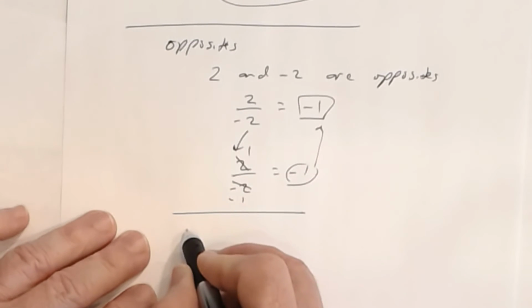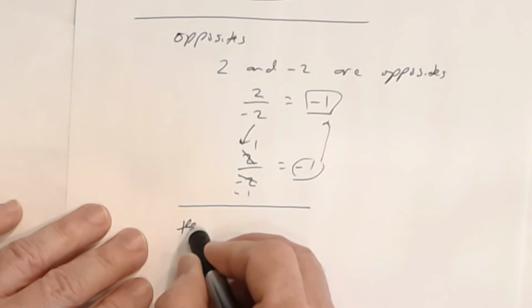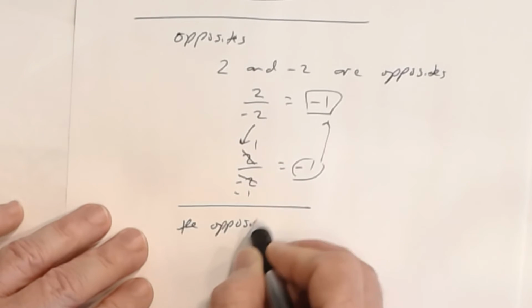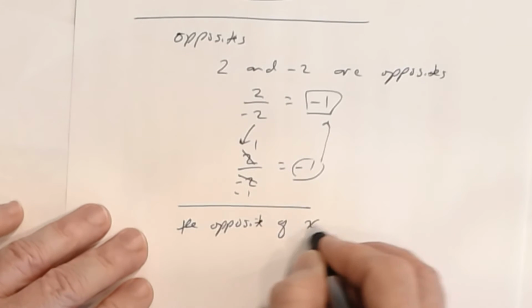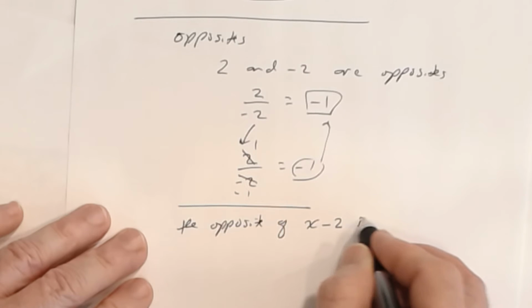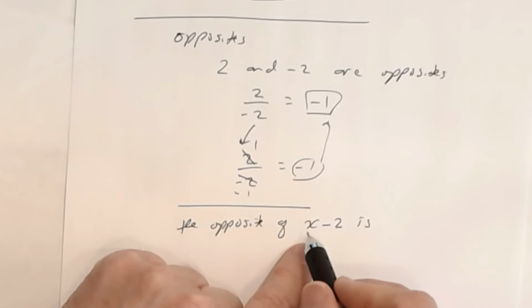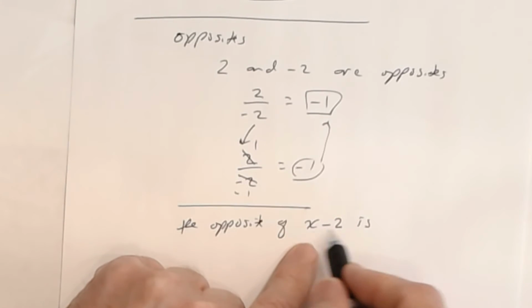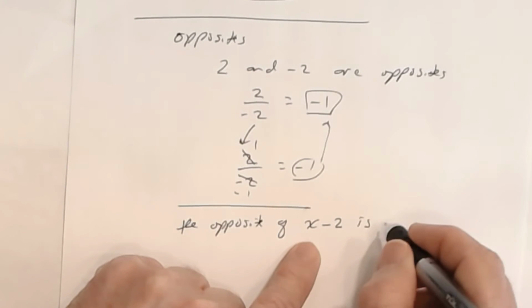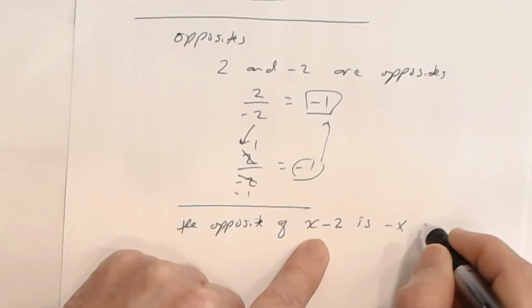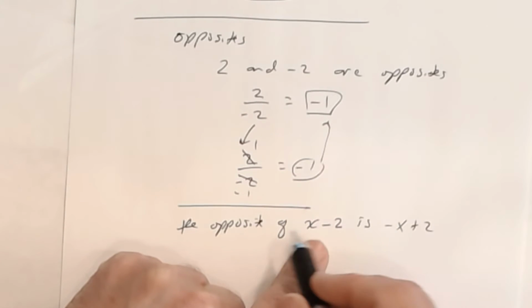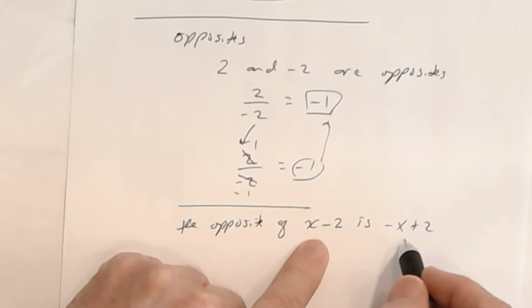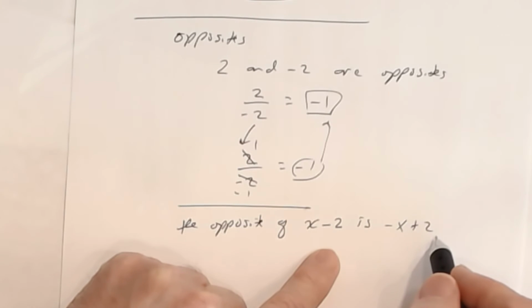Now, let's look at this. I need for you to see that the opposite of x minus 2 is, and all you do is change the signs of each term. See, 2, negative 2. This has 2 terms though, so x, negative 2, positive 2. So the opposite of x minus 2 is negative x plus 2, which I can write as 2 minus x.